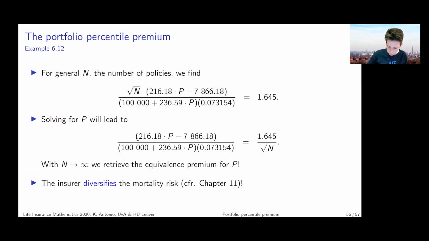As a final additional thought, what is happening then, in fact? This is studied in more detail in chapter 11 of our book.